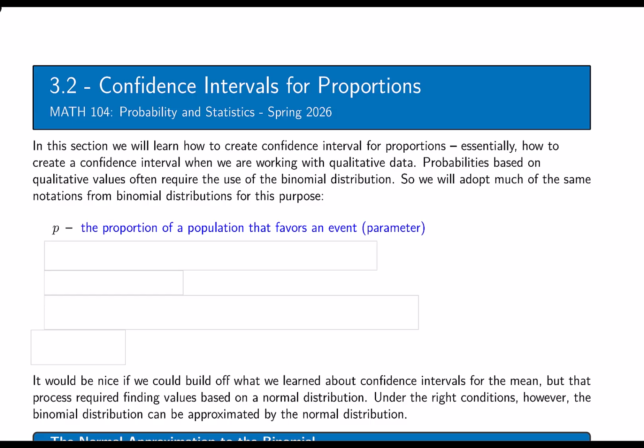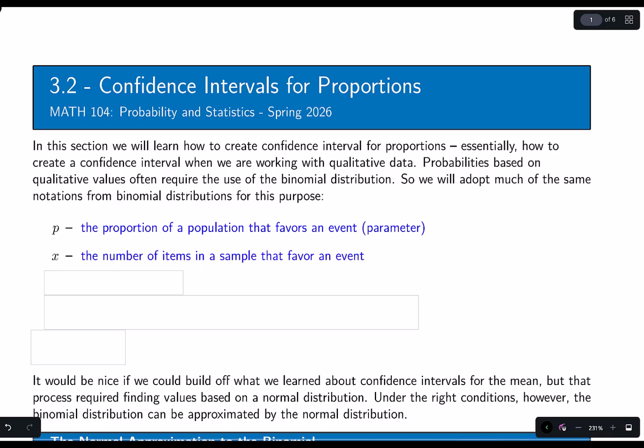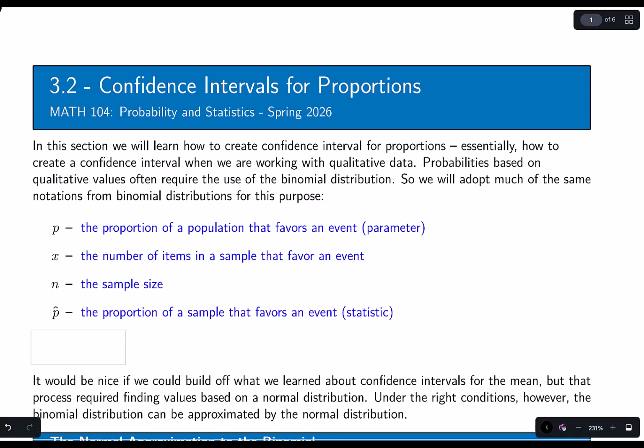That's going to be the parameter that we are estimating. X is the number of items in a sample that favor the event. Now this isn't the percentage, this is just the number of items. N is the sample size. P hat is the proportion out of the sample that favors the event. That's going to be our statistic, or also what we know as our point estimate.